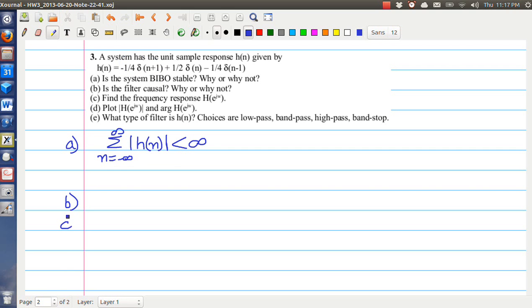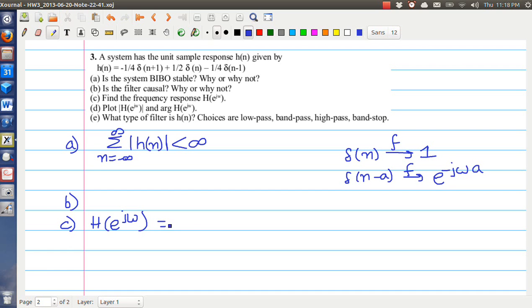In part C, we are asked for the frequency response H(ω). We already know the frequency response of the delta function is just 1, and that of the shifted delta function is e^(-jω·A). So we have -1/4.